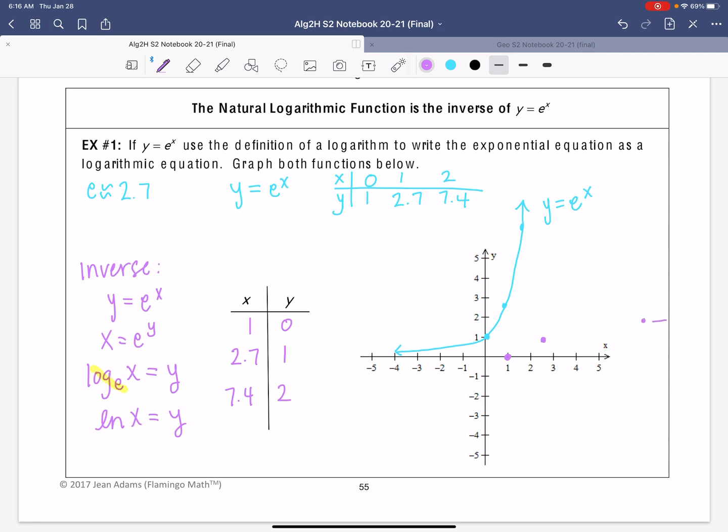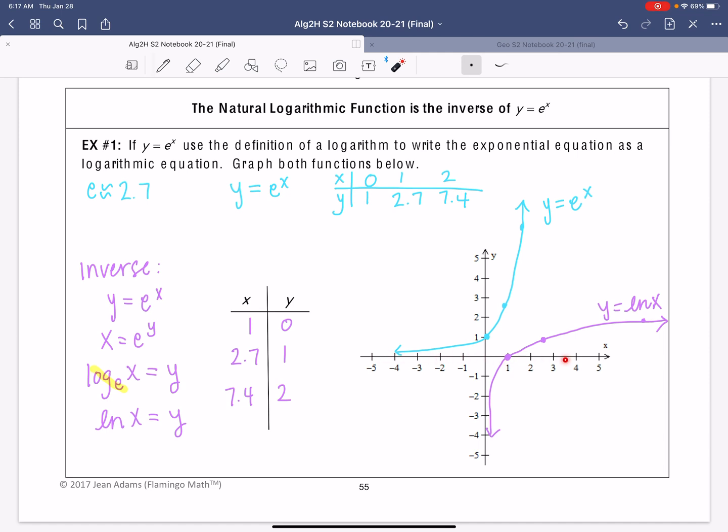Okay, so now this is going to approach a vertical asymptote. So this is my inverse function, and that's going to approach a vertical asymptote at x equals 0.